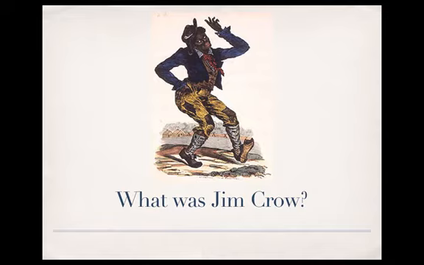So Jim Crow initially was a minstrel dancer who would be a form of entertainment in the late 1800s. It would be typically a show where people would come to be entertained, and it would be a white person who was covered in black makeup, who was mocking or being stereotypical about how white people saw black people.